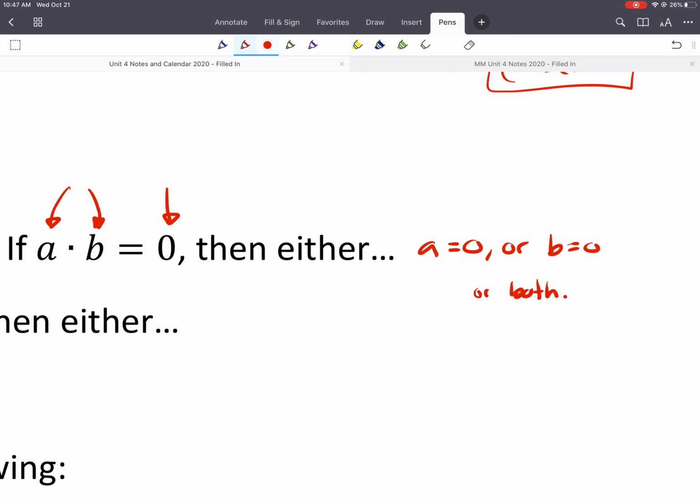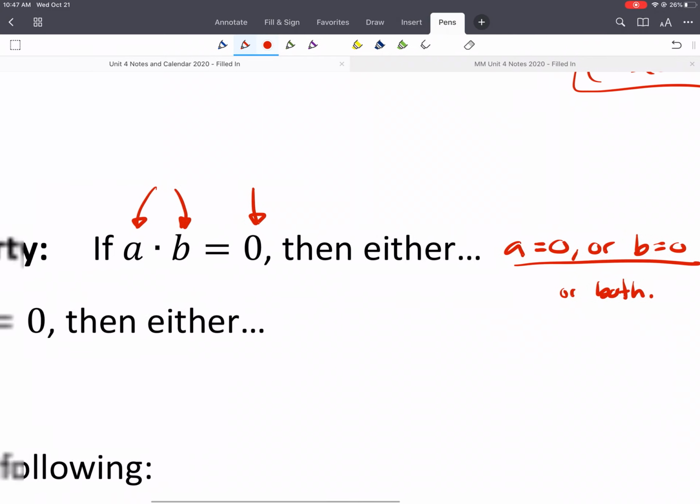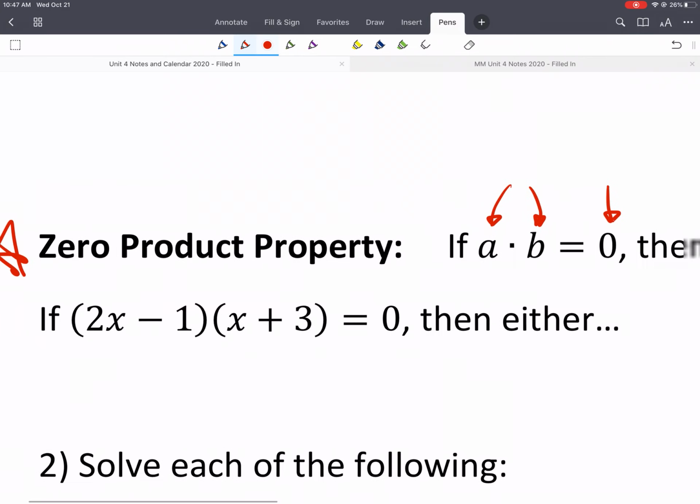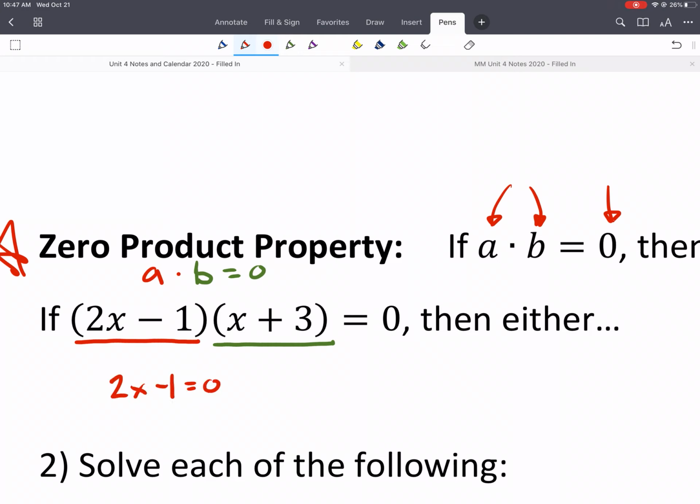Okay, so we're going to use this to solve quadratics, because this is very similar. We have a term here, and we have a term here. This could be like our A times B is equal to 0. So that means either 2x minus 1 is equal to 0, because if that is 0, it doesn't matter what the right parenthesis is.